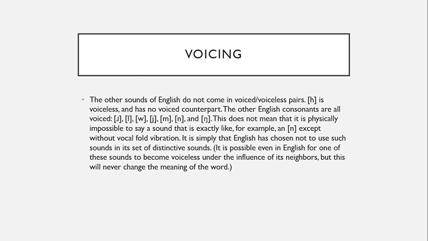I think I was wrong in calling it a semi-vowel. I will confirm it and mention in the comment box whether it's a semi-vowel or not. When h is produced, you will not feel any sort of vibration. And then we have w, y, m, n, ng, r, and l. These are all voiced sounds.